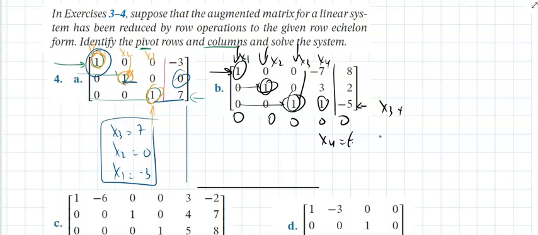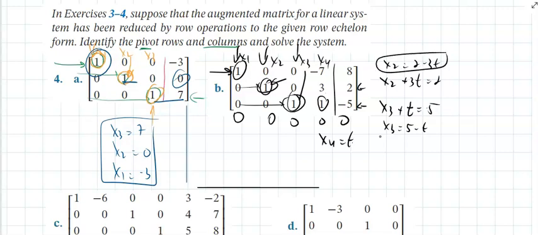And now if you go back and say, this is x3 plus x4, which is t, equals -5. So x3 is 5 minus t. You go to this row, you say, well, look, there's a pivot. x2 plus 3t equals 2. So x2 is 2 minus 3t. And x1 up there, you say x1 minus 7t equals 8.